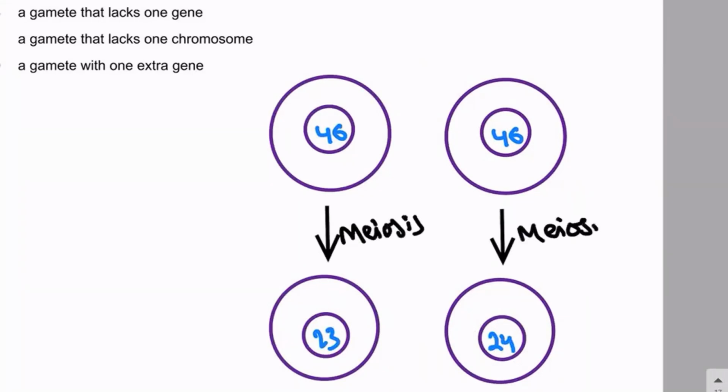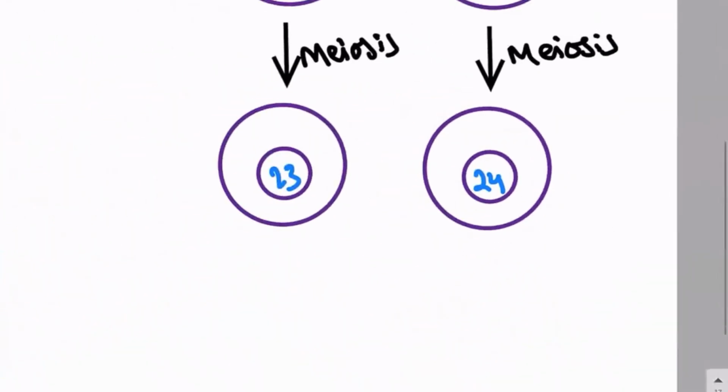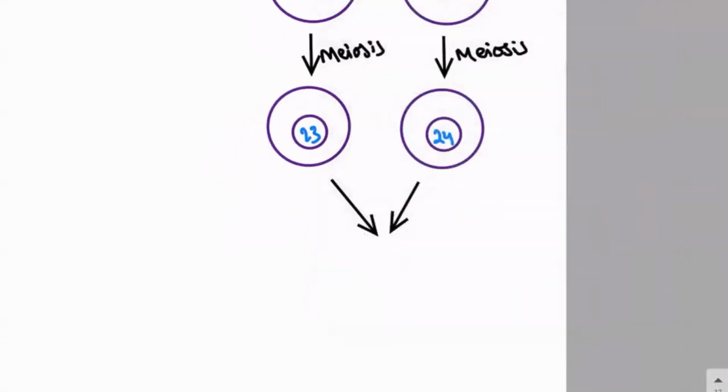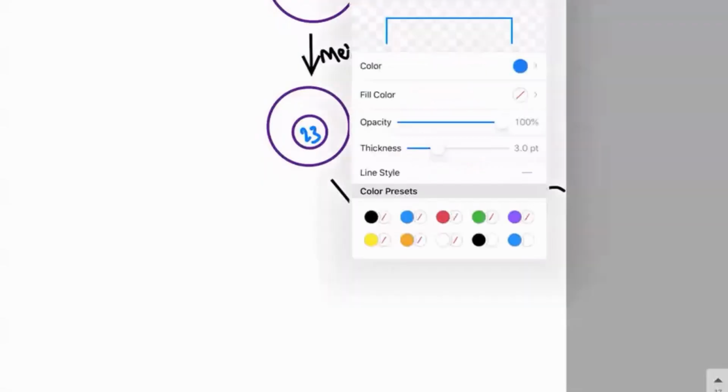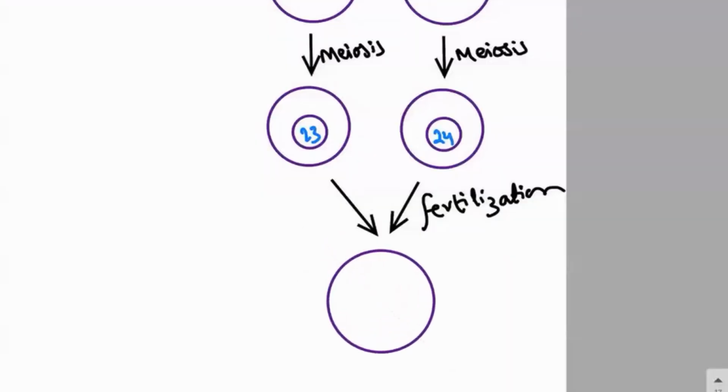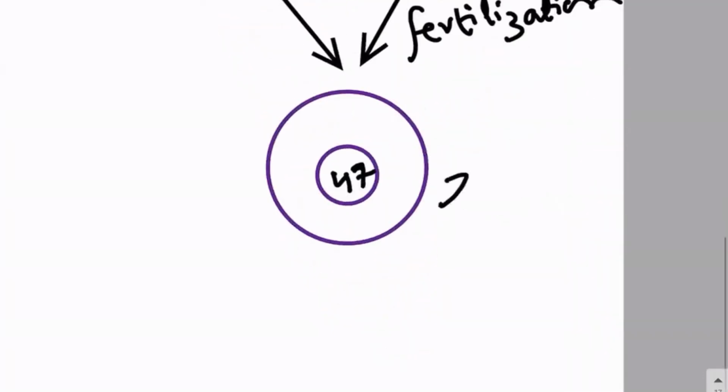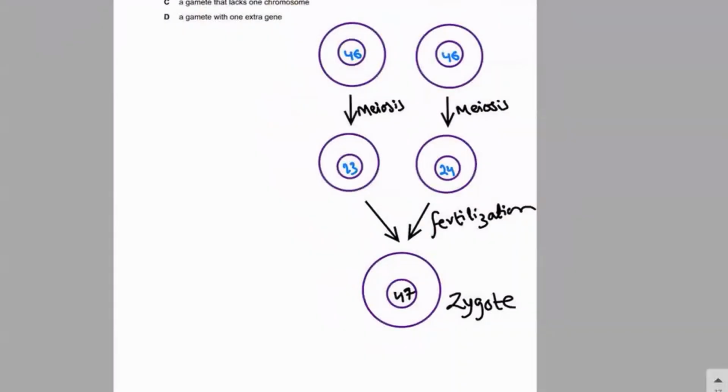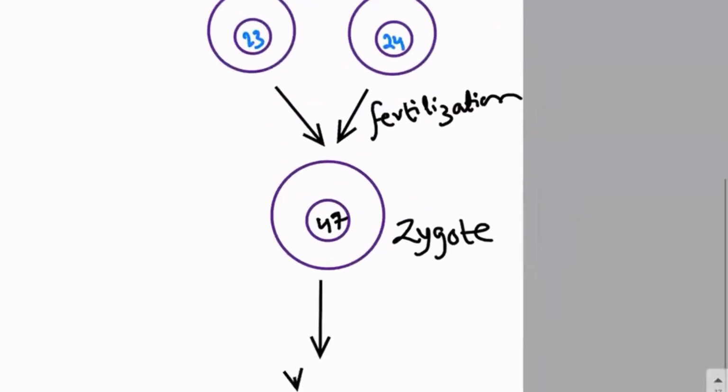And what happens if this gamete with an extra chromosome fuses with a normal gamete? What will happen? By fertilization, a zygote will form, which will have how many chromosomes? 47 chromosomes. And when this zygote develops into a child or into a baby, that baby has Down syndrome.